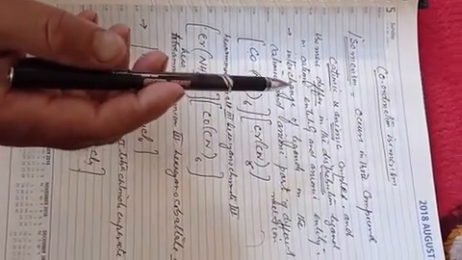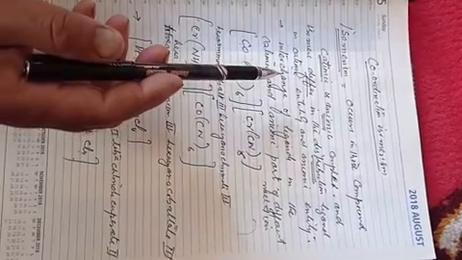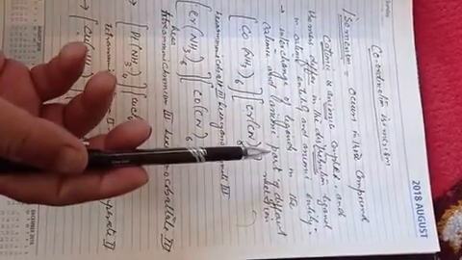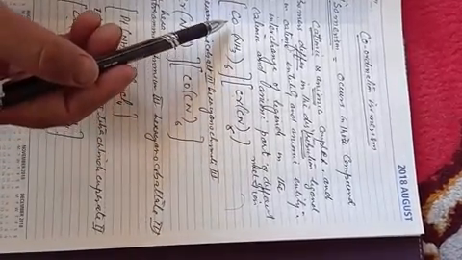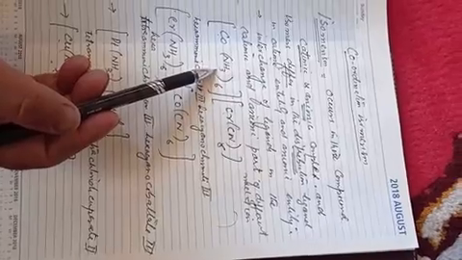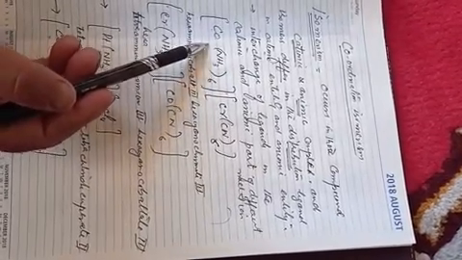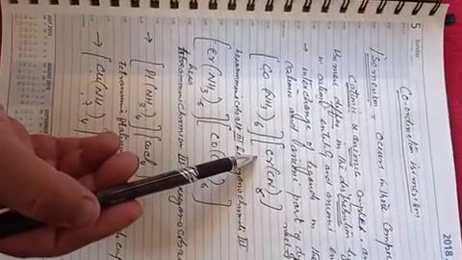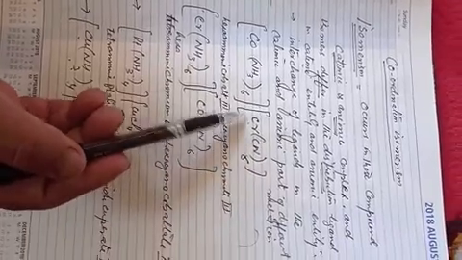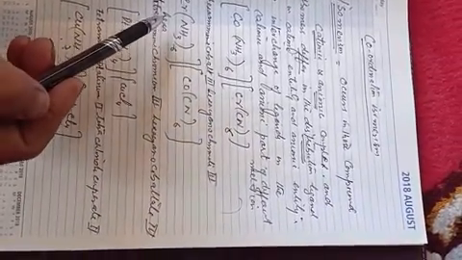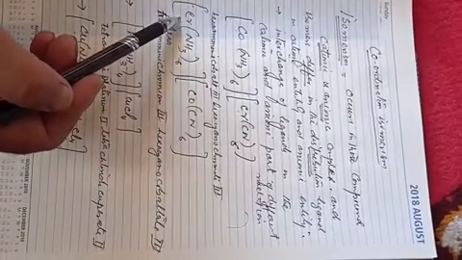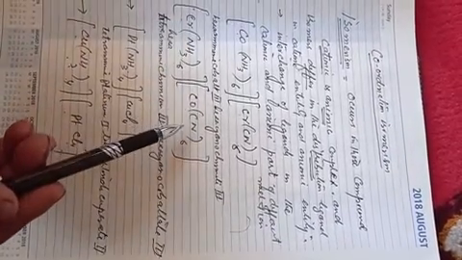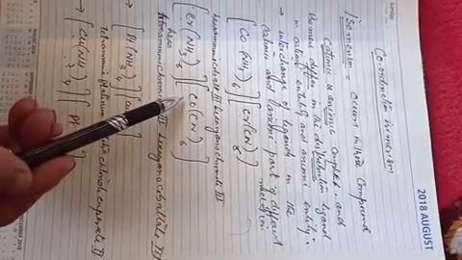Now in coordination isomerism, the cationic part is also a complex and the anionic part is also a complex, and the isomers differ in the distribution of ligands. Here in the first cationic complex, the amine is coordinated, and in the anionic complex, the cyano group is coordinated. But in its isomer, the amine group is coordinated to the chromium in the cationic complex, and in the anionic complex, the cyano group is coordinated to the cobalt.